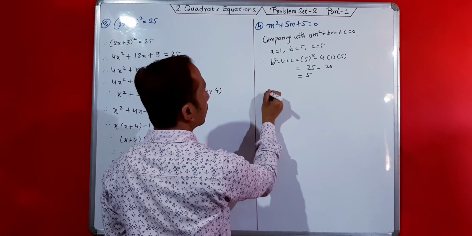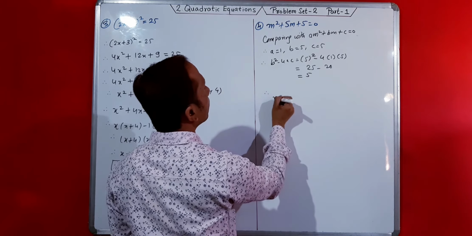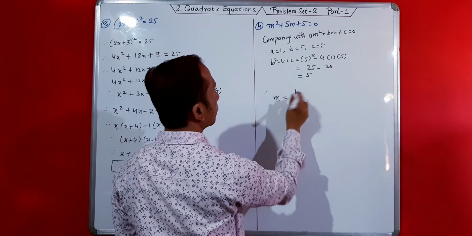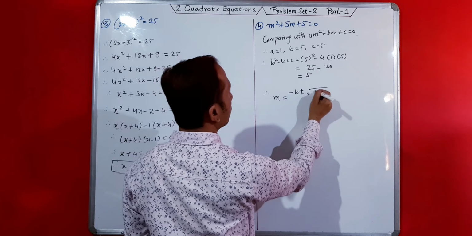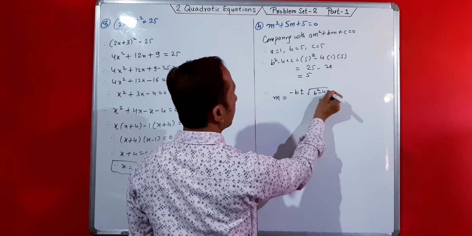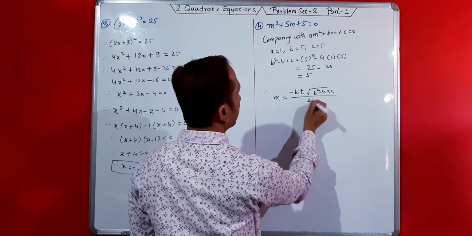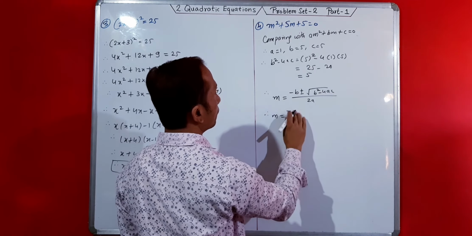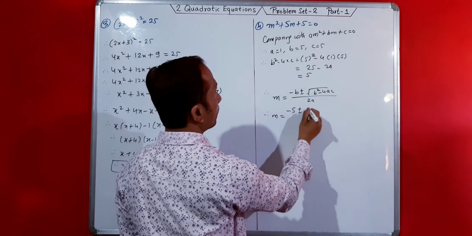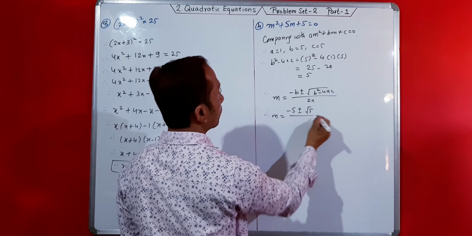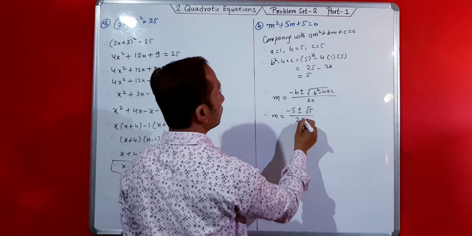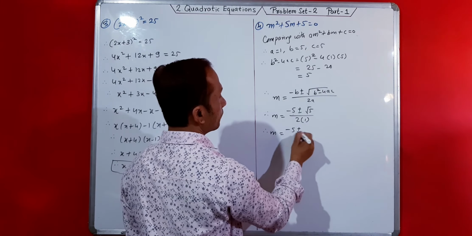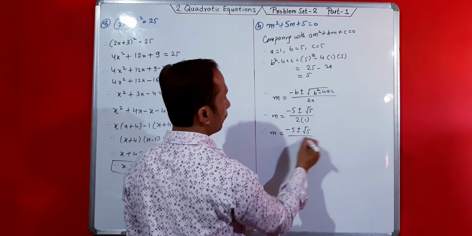Therefore m is equal to minus b plus minus root of b square minus 4ac, upon 2a. Therefore m is equal to minus b, so minus 5, plus minus root 5, and 2 into 1, so m is equal to minus 5 plus minus root 5 upon 2.